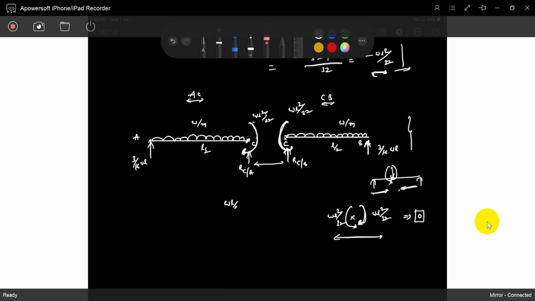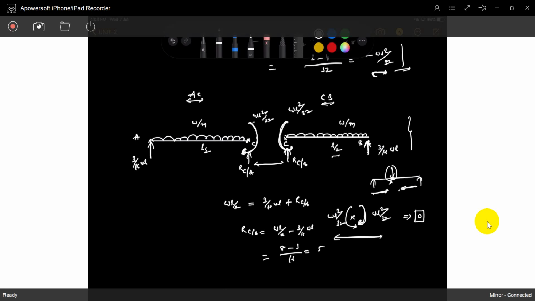WL by 2, and this is at L by 2 distance. So WL by 2 is equal to 3 by 16 WL plus RCB. So what is RCB? WL by 2 minus 3 by 16 WL. 8 minus 3, 5 by 16 WL. Understood?